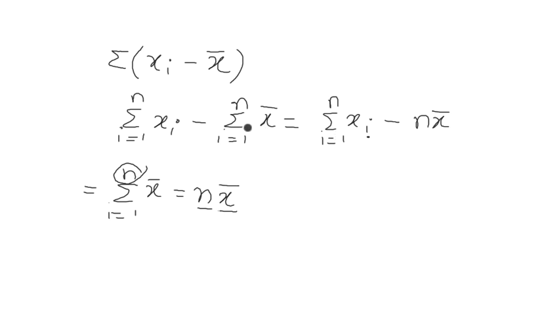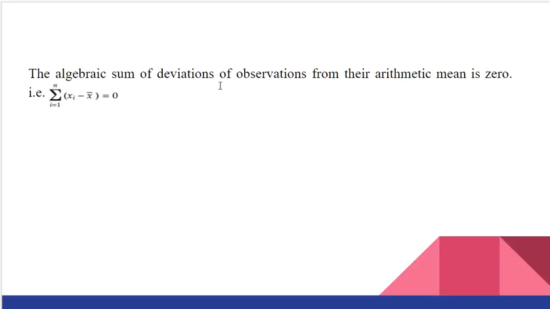So from property 1, I can write summation xi as n x bar. So n x bar minus n x bar is equal to 0. So summation of xi minus x bar is equal to 0. So the algebraic sum of deviation of observations from their arithmetic mean is always 0.